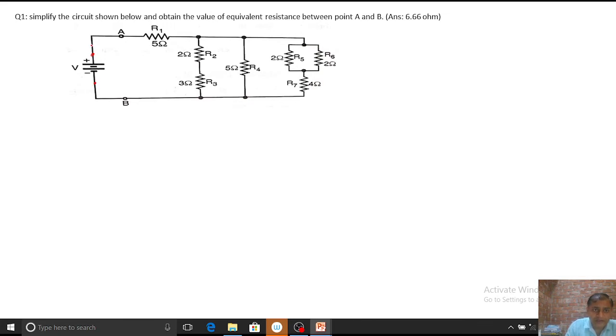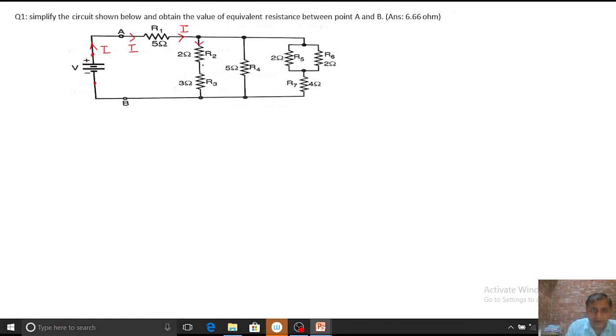So the current which is flowing from this voltage is I ampere here, and the current after this 5 ohm is also I ampere, because this battery and 5 ohm are connected in series. But this current is divided into two parts here.